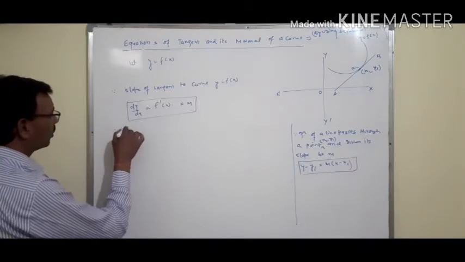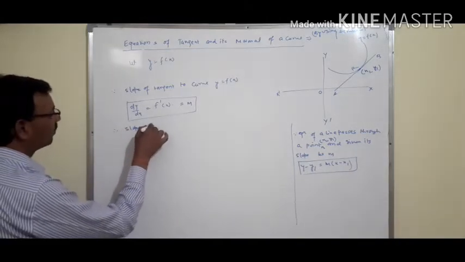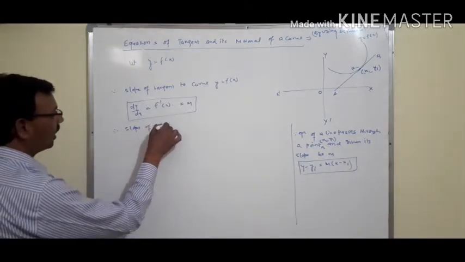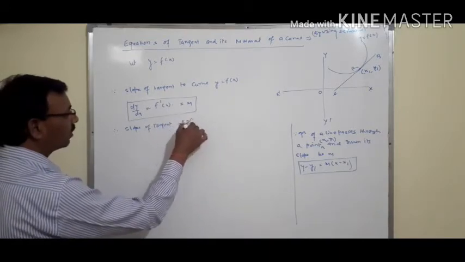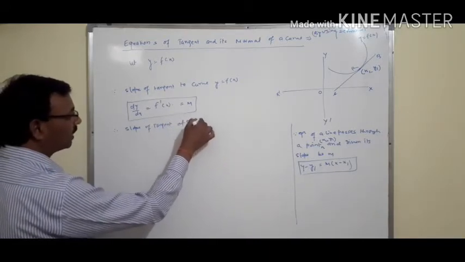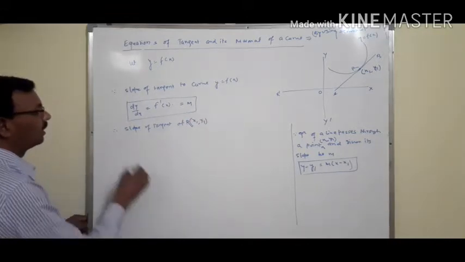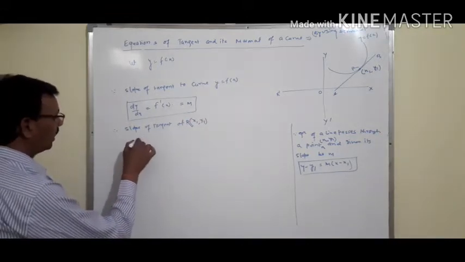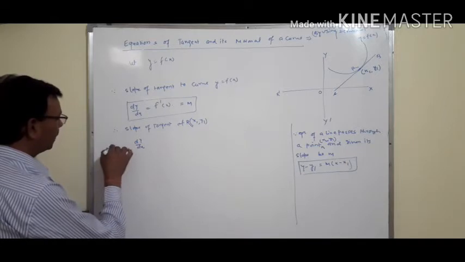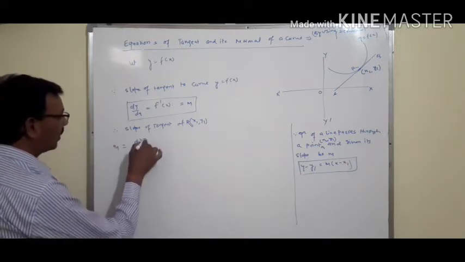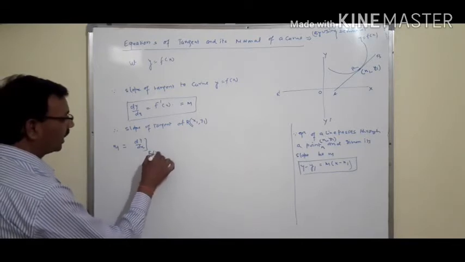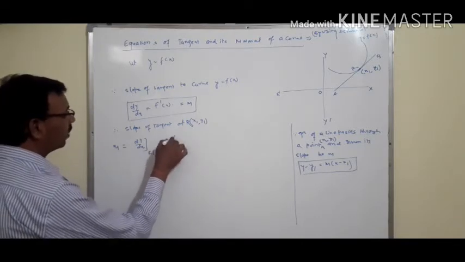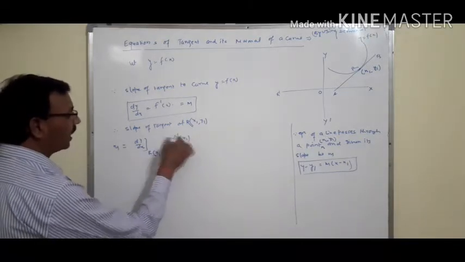Therefore, slope of tangent at point R whose coordinate is x1 comma y1 is equal to dy upon dx, means m equal to dy upon dx at R whose coordinate is x1 y1 is equal to f dash of x1.